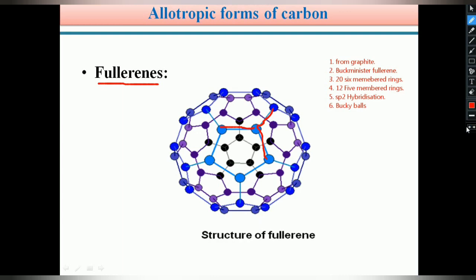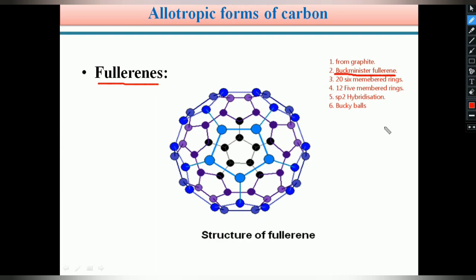So fullerenes are prepared from graphite by heating in the presence of an electric arc. Similarly, C60 molecules condense to form a soccer ball type of structure.